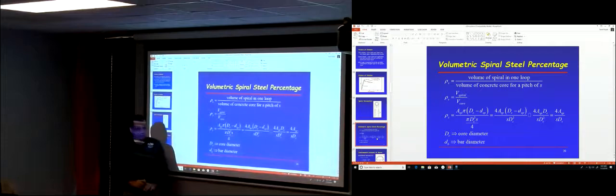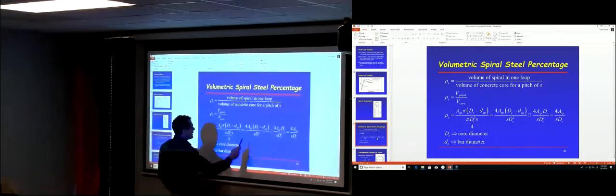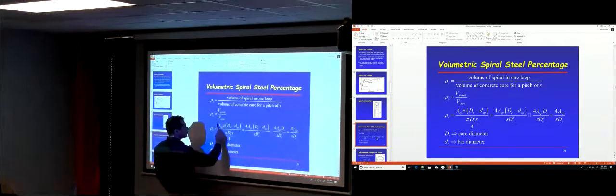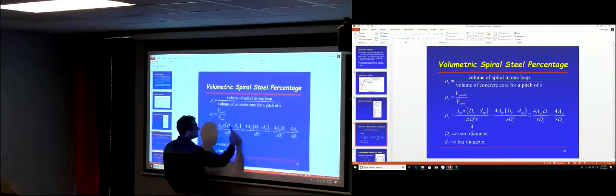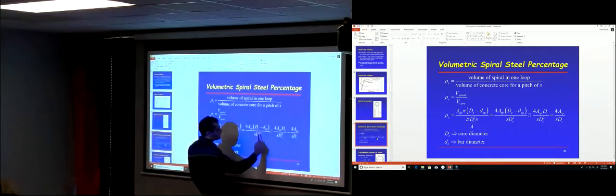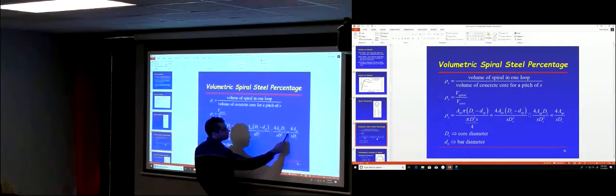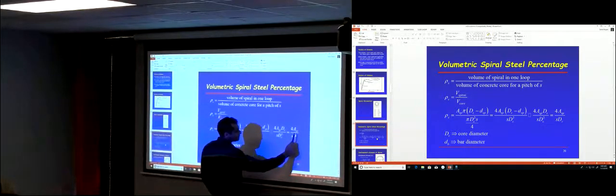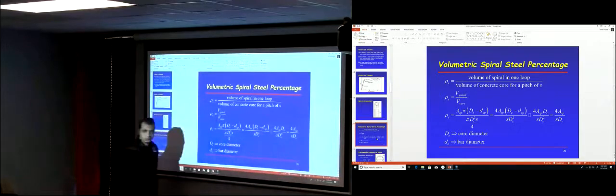Is that clear? So having this here, just move the 4 up, so 4 A_sp (d_c minus d spiral) divided by S, S being the spacing or the pitch, divided by d_c squared. Assuming here this is almost equal if you just neglect this part, so d_c and d_c squared over here, you end up with 4 area of spiral divided by S d_c.